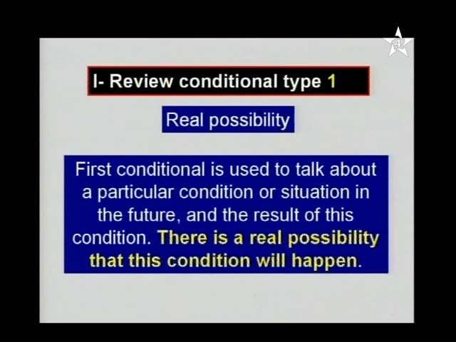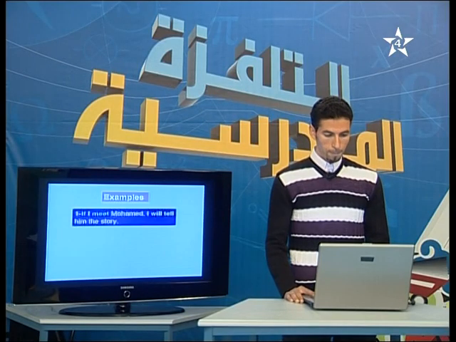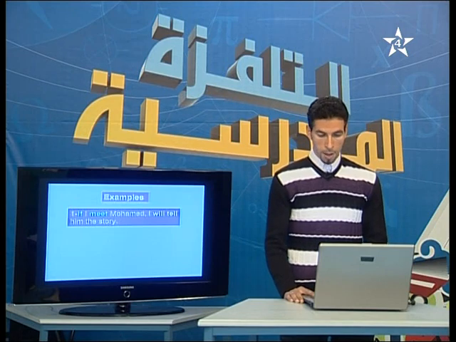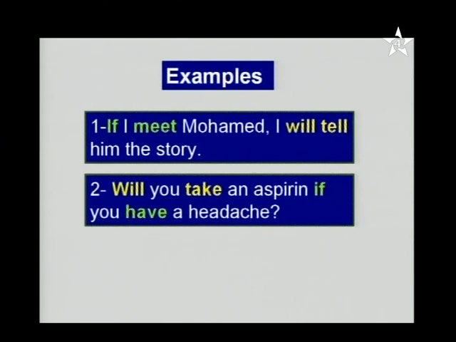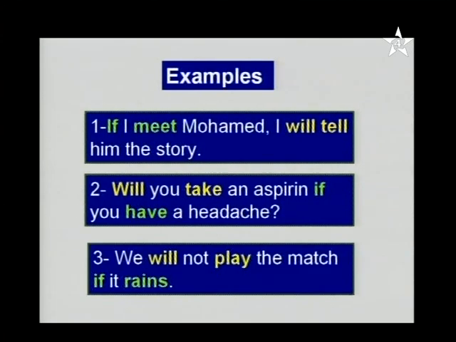Now let's see a couple of examples. If I meet Muhammad, I will tell him the story. Number 2, will you take an aspirin if you have a headache? Third example, we will not play the match if it rains. Right?